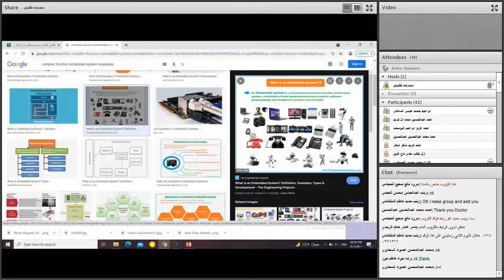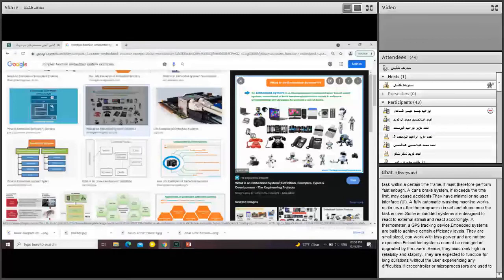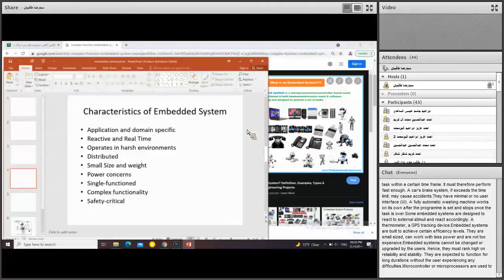What about the complex function embedded system? For example, if we use an embedded system as a neural network, it is complex function. If we use an embedded system for a robot, it will be complex function. Then you can look at the application or the functionality of an embedded system, and we can specify whether its functionality is single or complex.